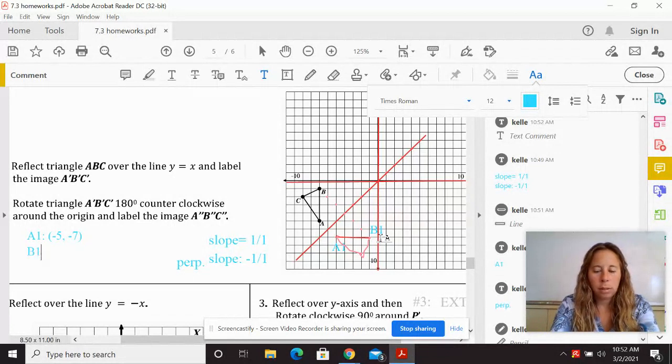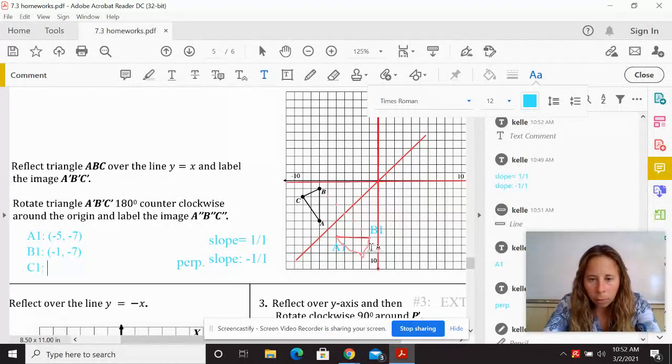B1, -1, -7. Okay. And C1, which I didn't label on there, but that's that last point right there.